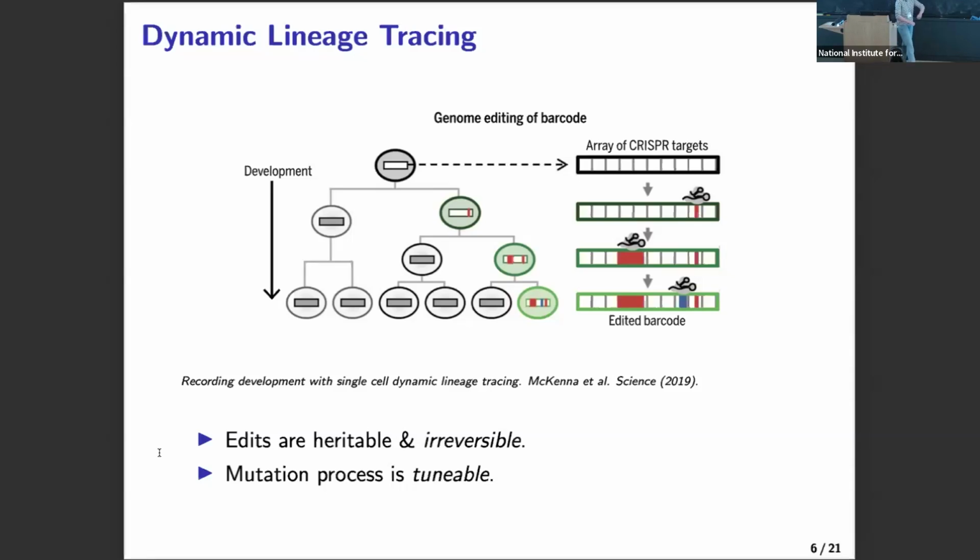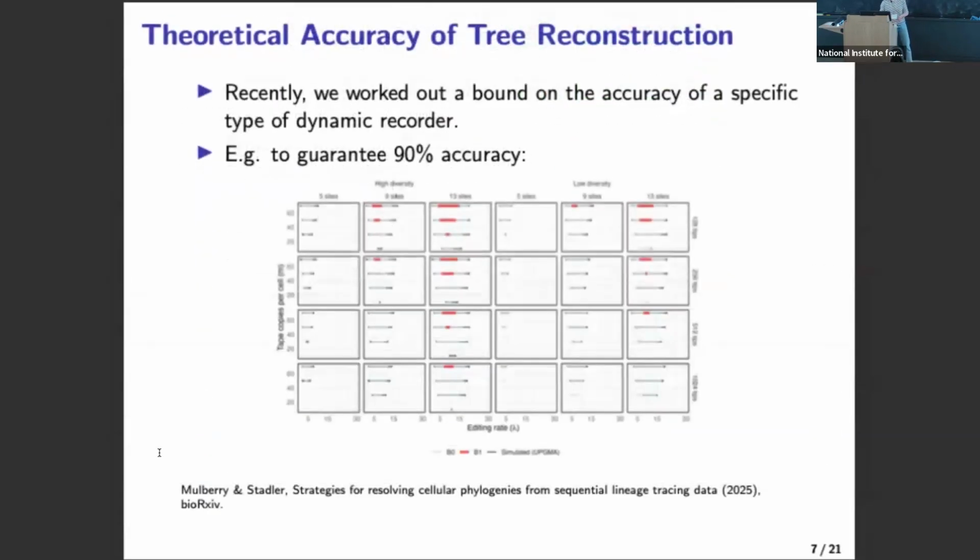And this is where we felt that modeling could be a useful approach, because we can dig into these tunable parameters and understand where we can direct the technological advancements in this field. Without getting into too much detail, we investigated the theoretical accuracy of tree reconstruction from a particular class of dynamic lineage recorders.